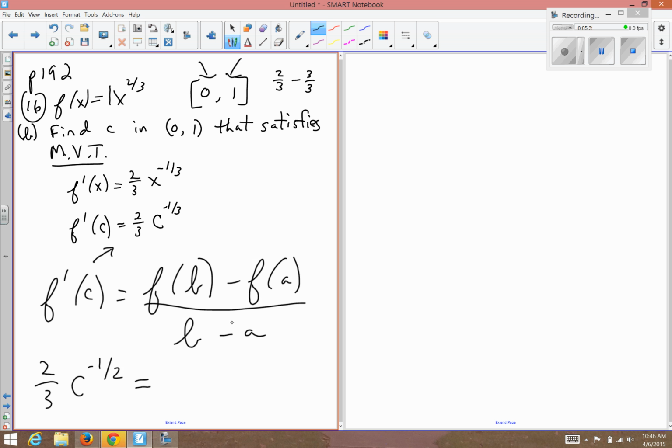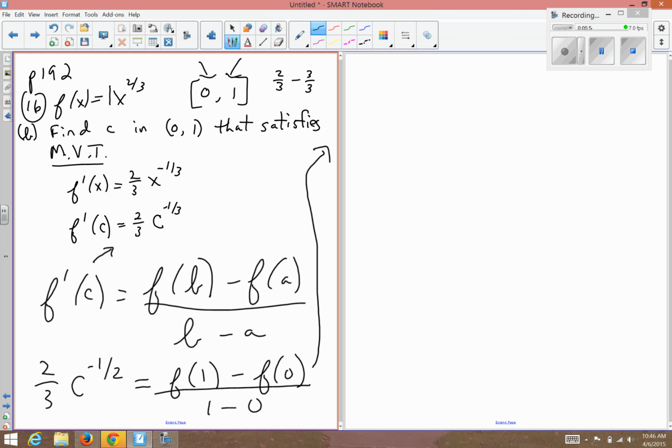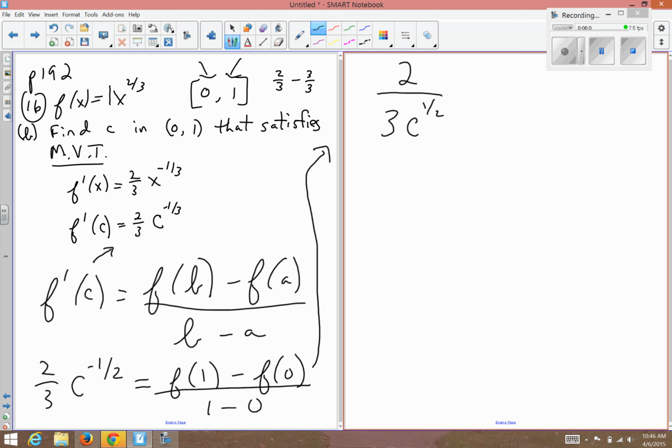F of b minus f of a means in this exercise it's f of 1 minus f of 0 over b minus a. That means 1 minus 0. The left side of this equal sign could be rewritten as 2 over 3 c to the positive 1/3, sorry.